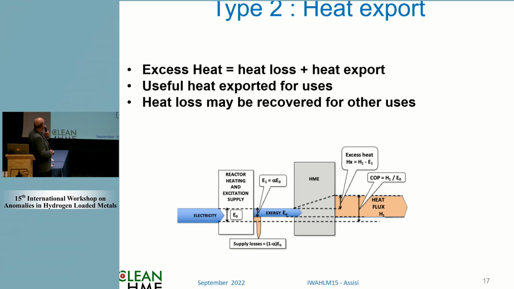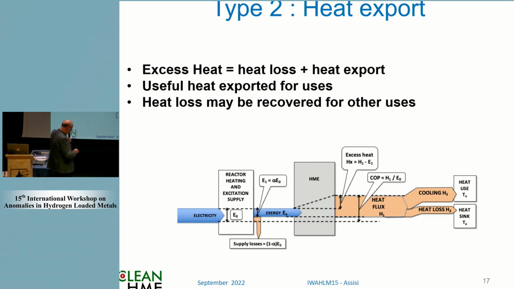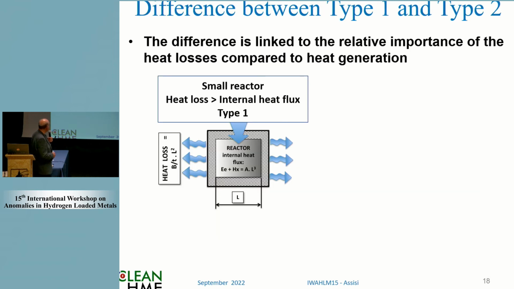Now, how to make, what is next? This is a type 2, you don't need to heat it because it works just by exergy input, and you have some heat for use. The heat losses, maybe, we love that in the industry, can also be recovered as much as possible.